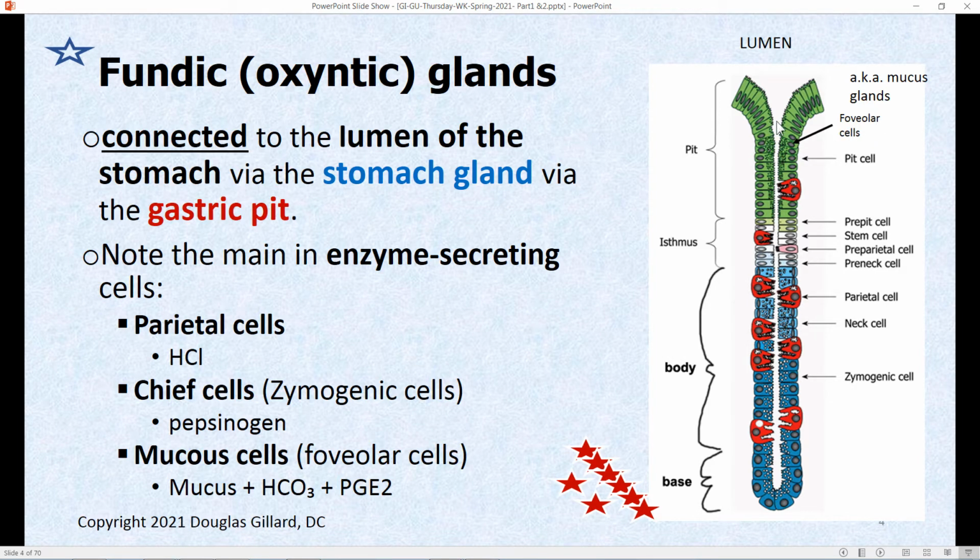And those are really important because they secrete mucus and make a protective layer called the gastric mucosal barrier. The main secreting cells are parietal, chief, and mucous cells. Well, mucous cells really don't secrete enzymes per se, but they secrete mucus. I could have taken that out and just said main secreting cells.